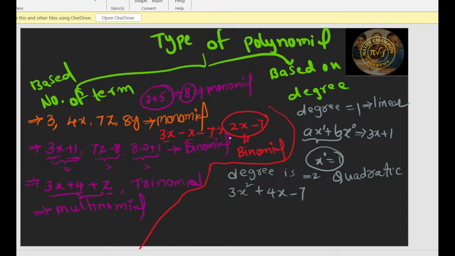You have to look at the highest degree here. How many terms are there? 3 terms are there, but here we are classifying by degree. If only 2 terms were there, we could also say it is a binomial, but based on degree we are classifying.